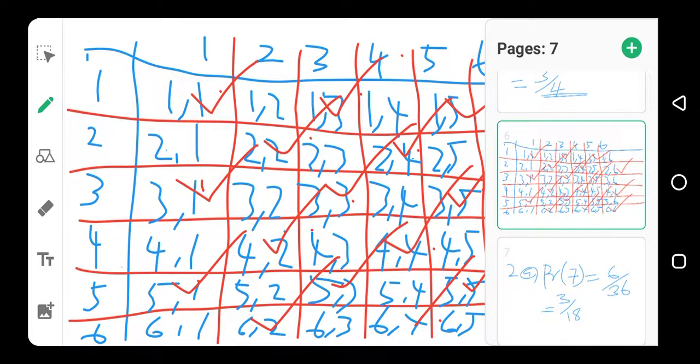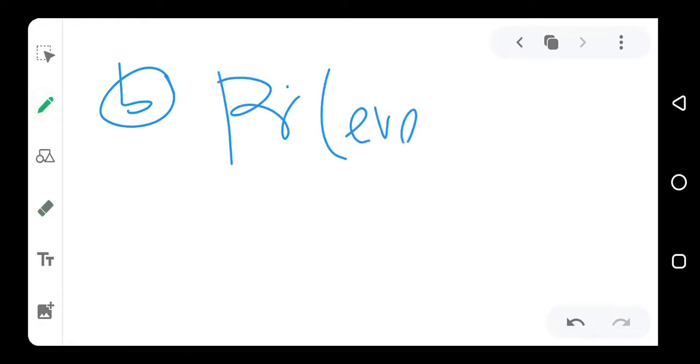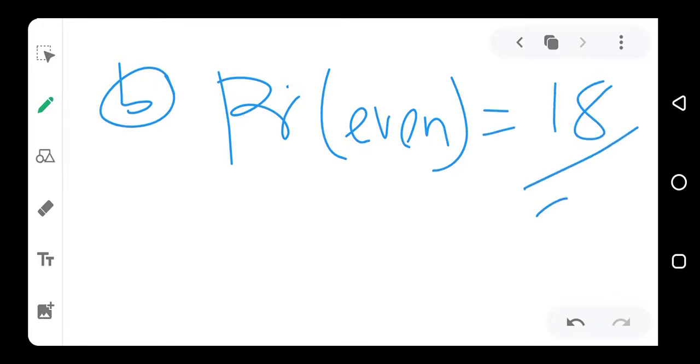The probability of an even number is equal to 18 over 36. So that is how to solve this one.